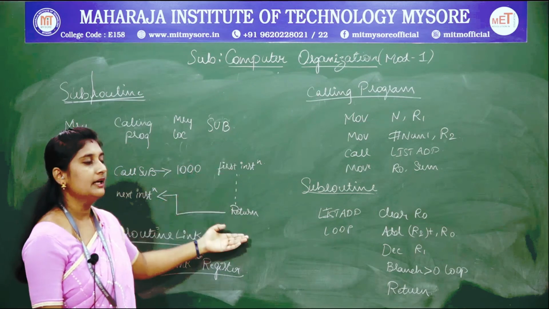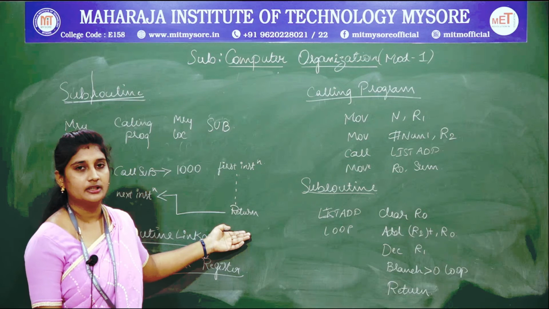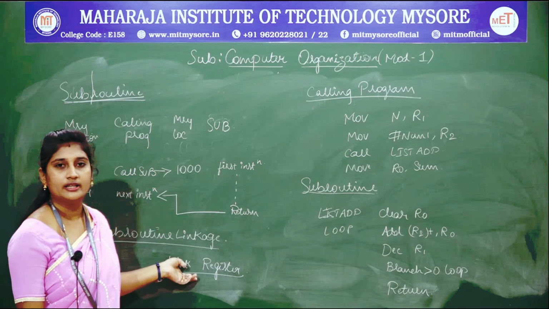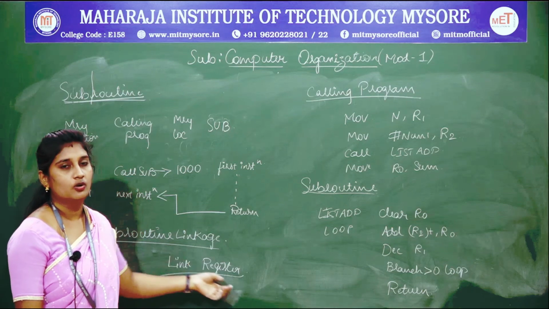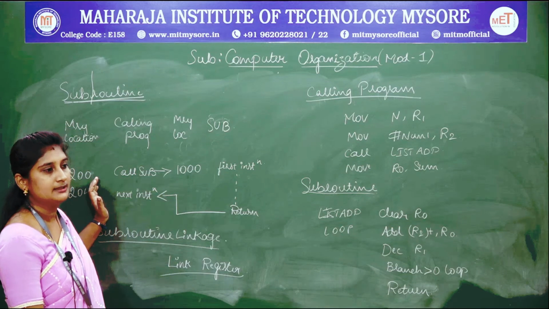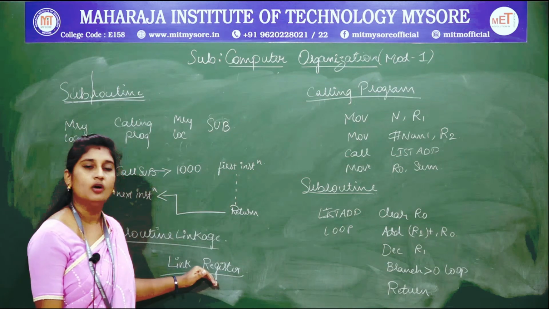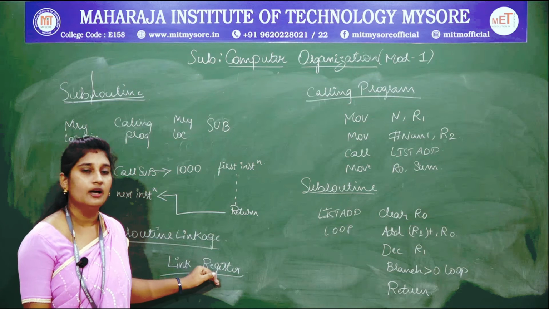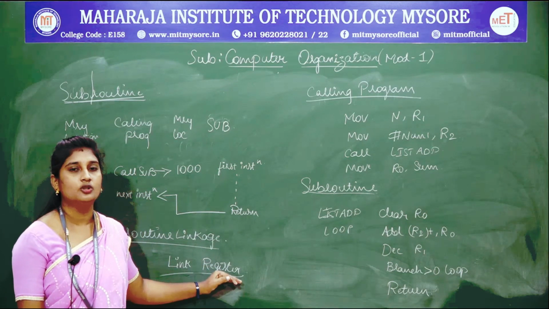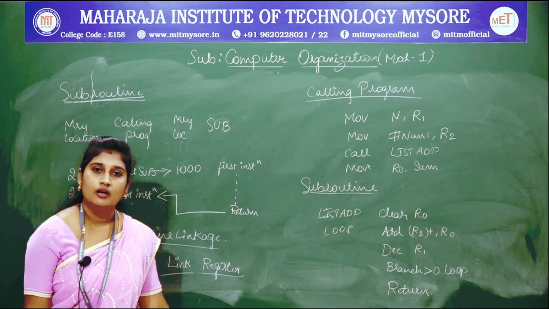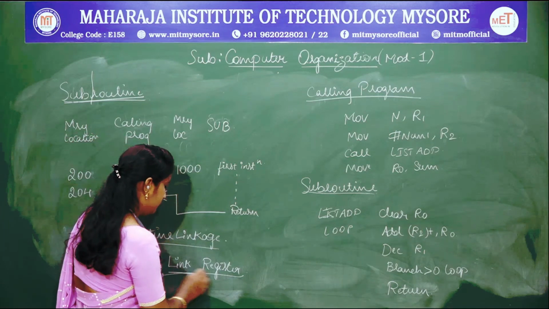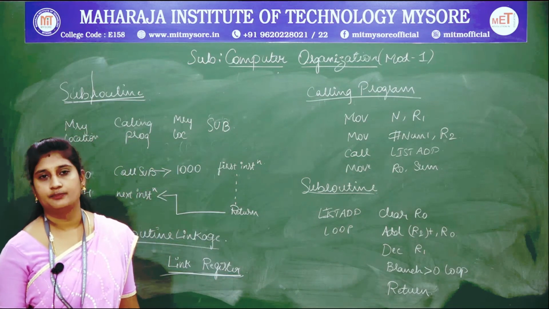When the subroutine completes its instructions, encounters the return instruction and shifts back to the main program, that address is taken from the link register. The register responsible for linking the main program and the calling program or subroutine is called the link register.